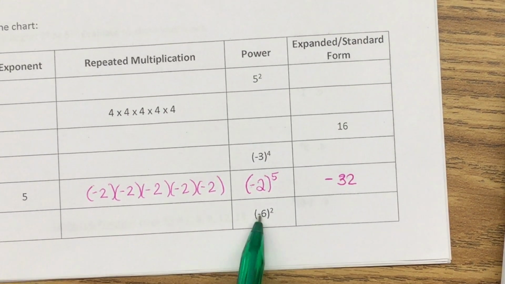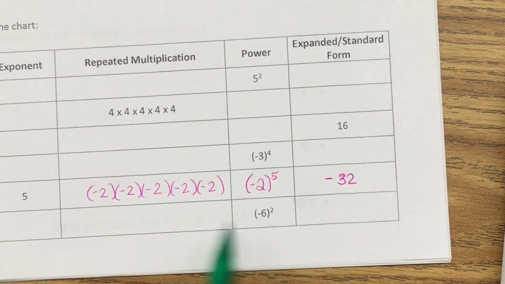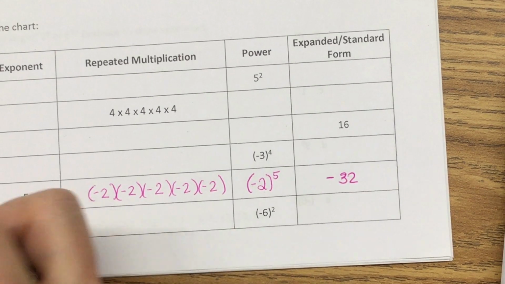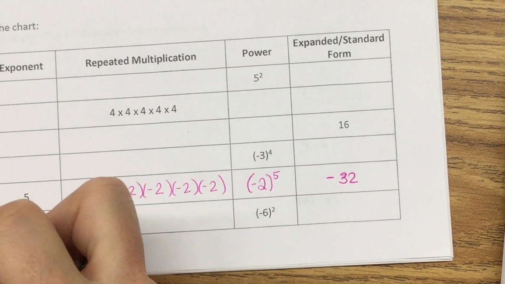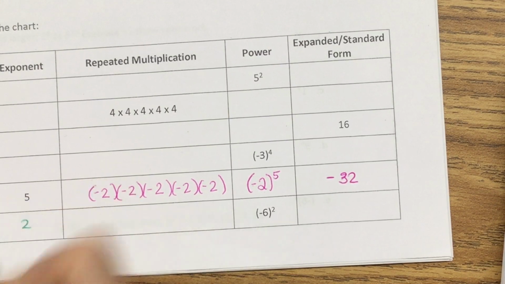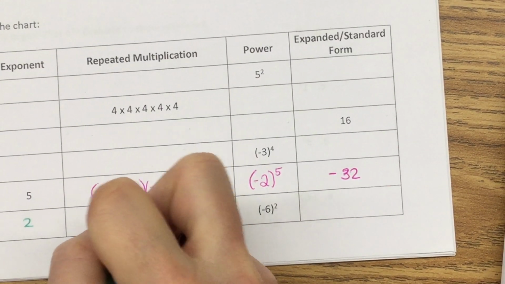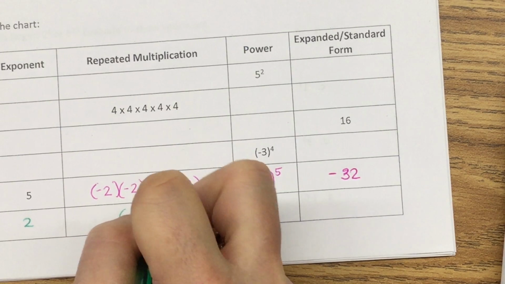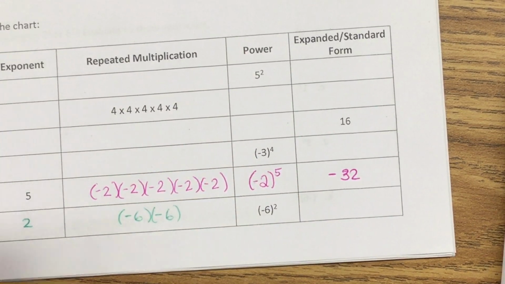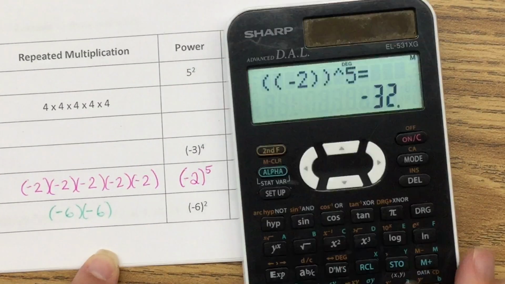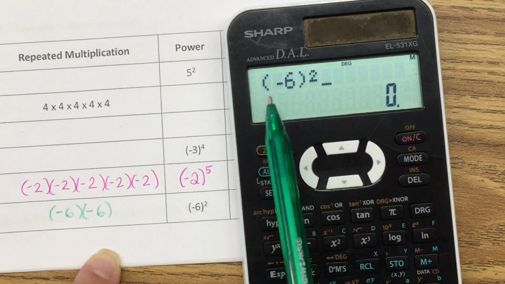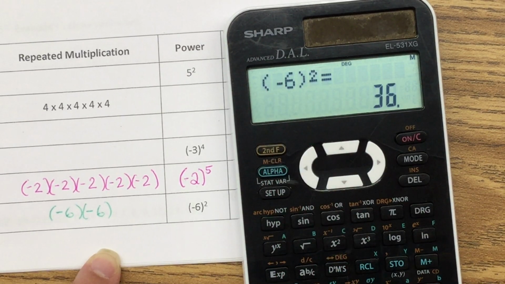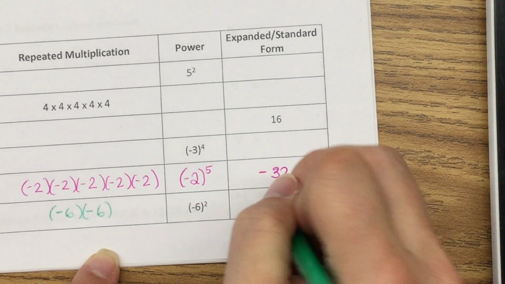Okay, let's go down one here. We have negative 6 squared. So our base is negative 6. Our exponent is 2. And how would that look as repeated multiplication? Negative 6 times negative 6. So if I put that in my calculator, negative 6, and I'm going to square it, notice how it puts a bracket around the negative, equals 36.